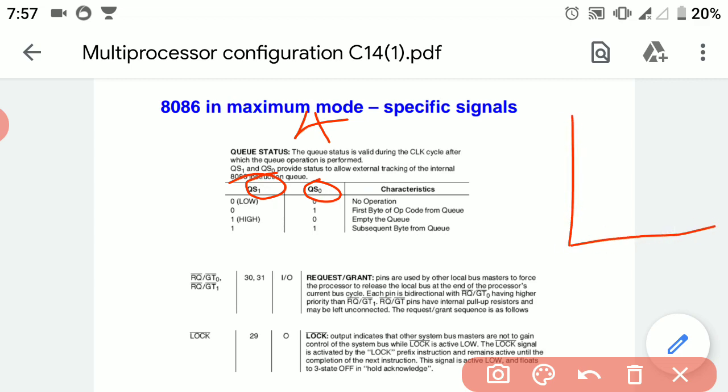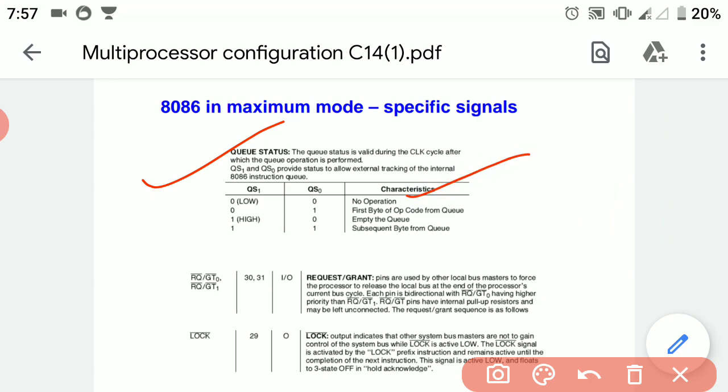This is our queue, for example, and the main function of the queue is to fetch instructions from the main memory as the other instruction is executing. Now in the maximum mode, if QS0 and QS1 are both at low state, no operation will be performed by the instruction queue.